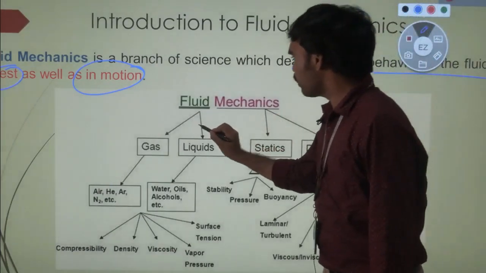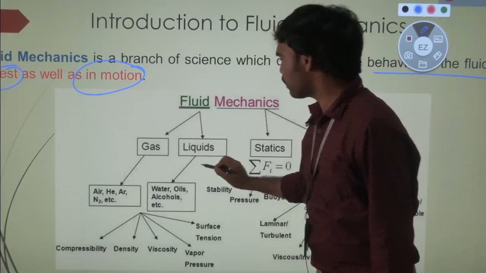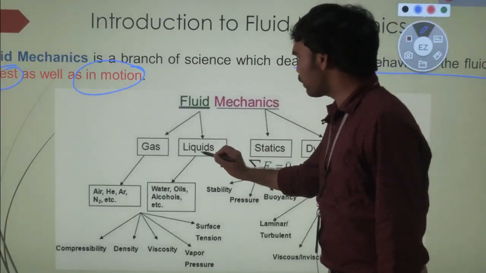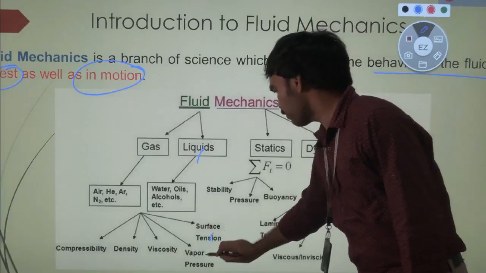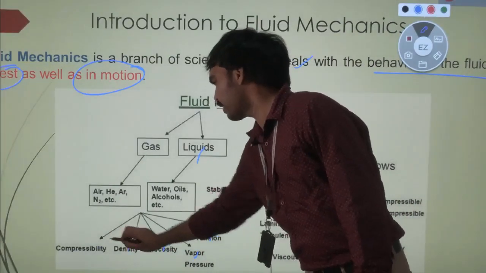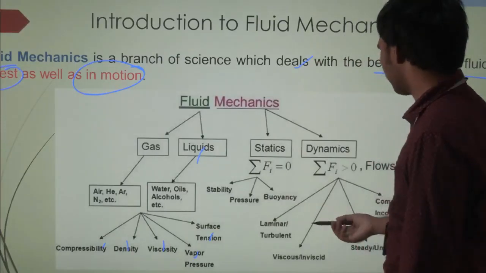In fluid mechanics, we mostly deal with fluids, meaning liquids and gases. We will try to understand the basic properties of fluids, like surface tension, vapor pressure, viscosity, density, compressibility, weight, specific weight and specific volume.